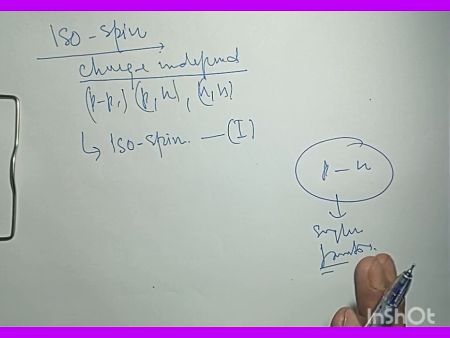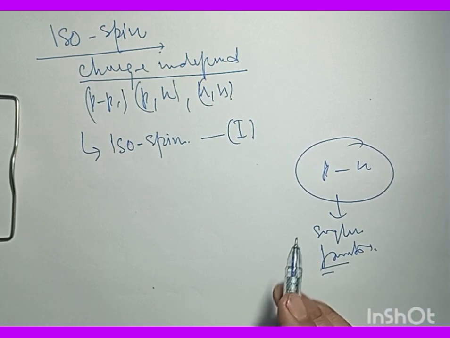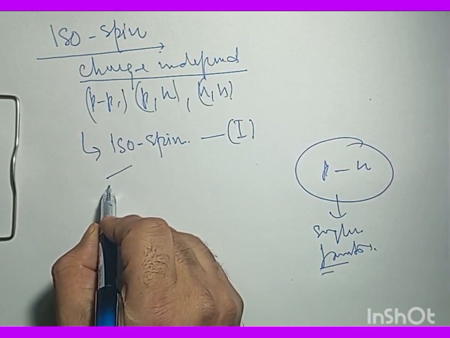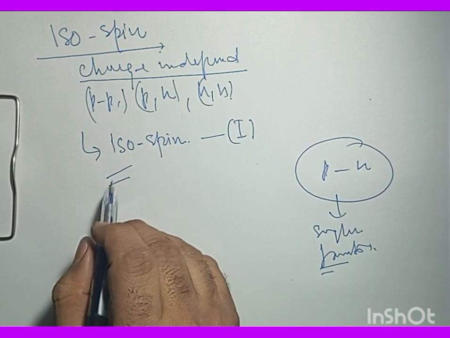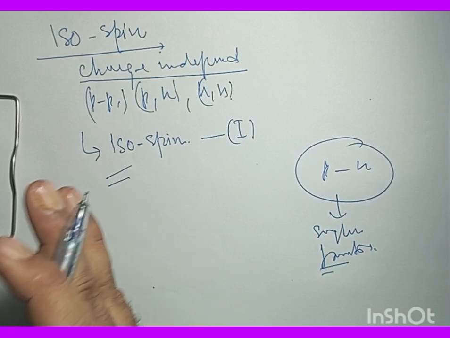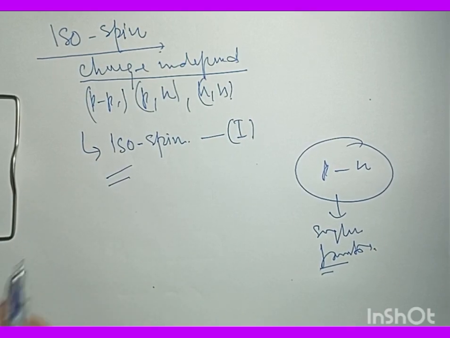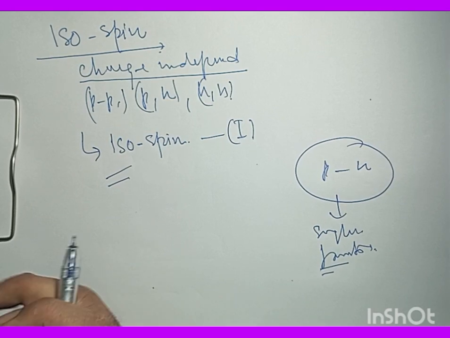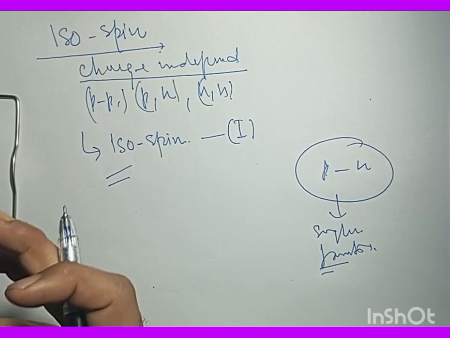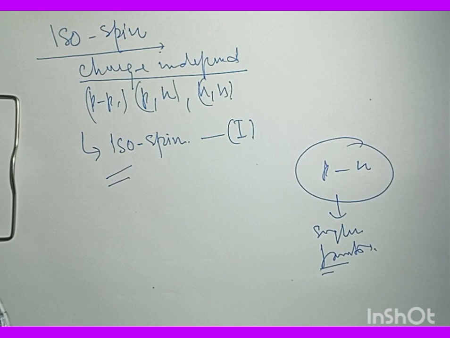The two states of the nucleon are described by isospin, by the space of isospin, I mean internal charge space, or we may call it isotopic spin, or isobaric spin.